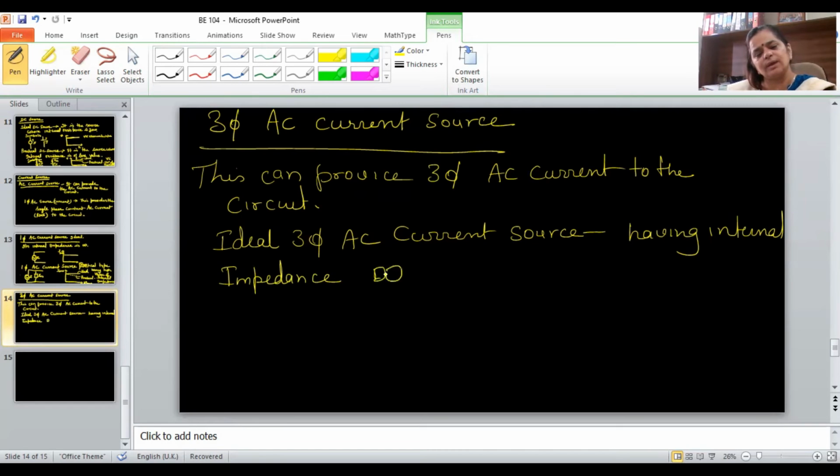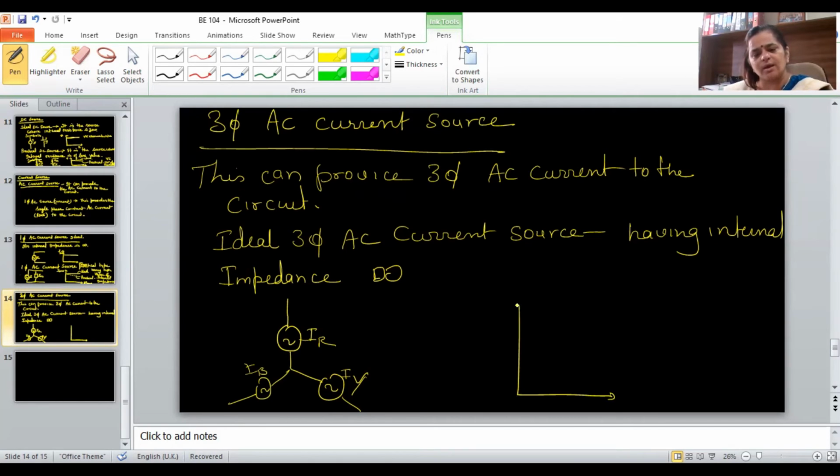Okay, so if I plot its diagram, this is IR, this is IY, and this is IB. Okay, and if somebody is asking for its characteristic for Vrms and Irms, it will be constant. For R phase ऐसा ही रहेगा, for Y phase भी ऐसा ही characteristic बनेगा, and for B phase भी ऐसा ही characteristic बनेगा.